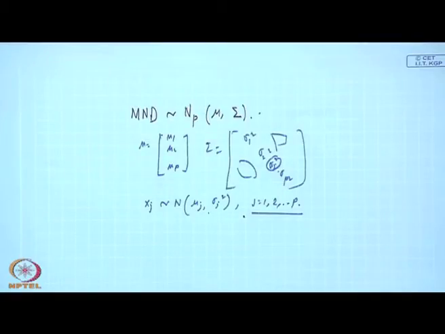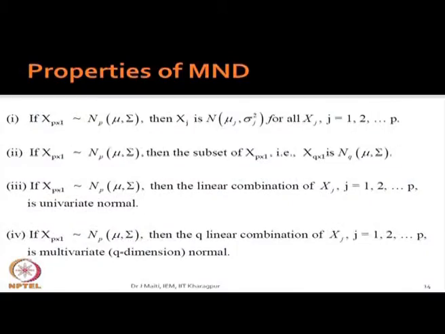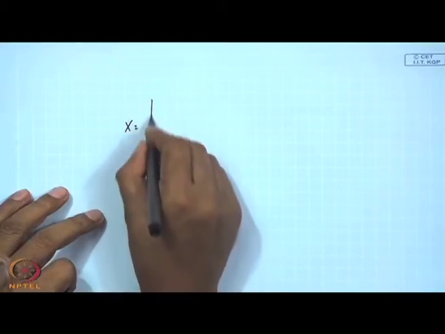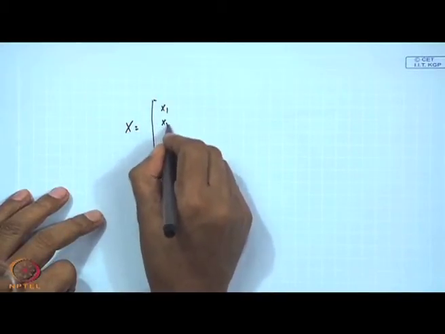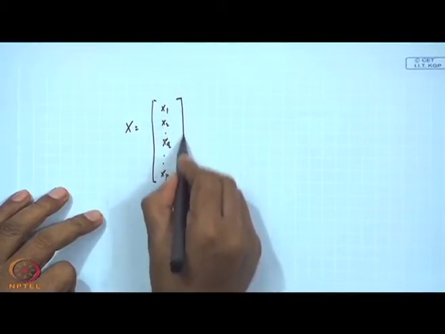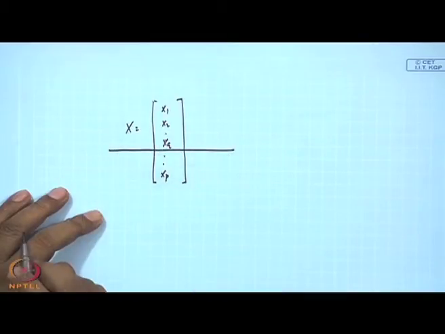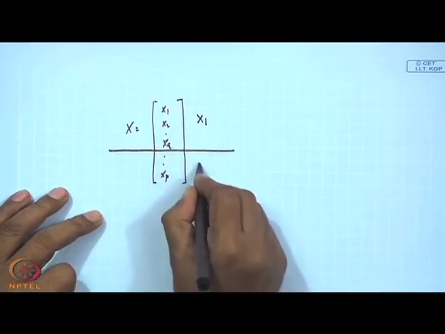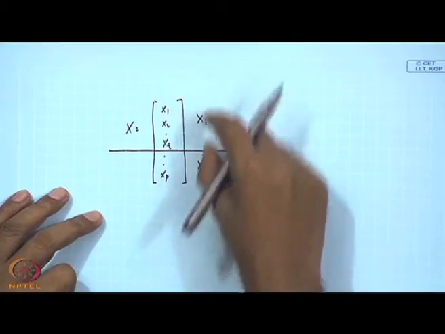What is the second property? If x is multivariate normal, then any subset you take will be multivariate normal. What do we mean by this? We mean that suppose my x is this, x1, x2, xq, xp. What do I create? I will create two subsets, that is big x1, x2.